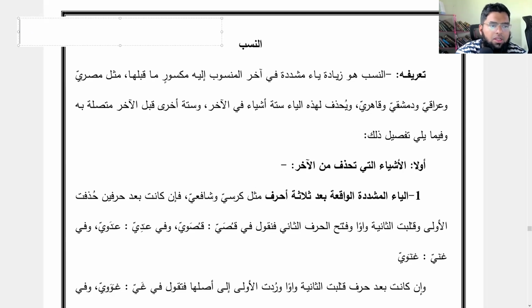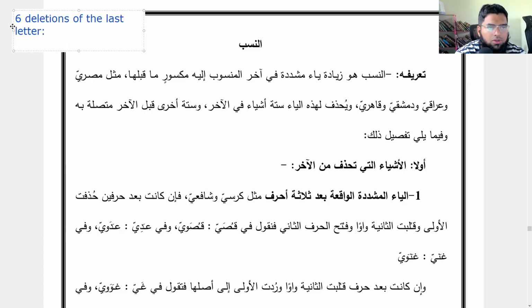So let me reduce the font size. 6 deletions of the last letter. So what are those? Number 1, like last time, we'll keep writing again so that we can use these, inshallah, when we are doing the exercises and to identify which case it is falling under.